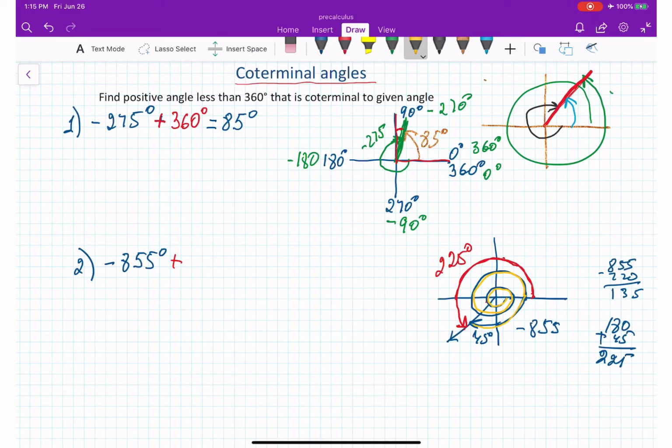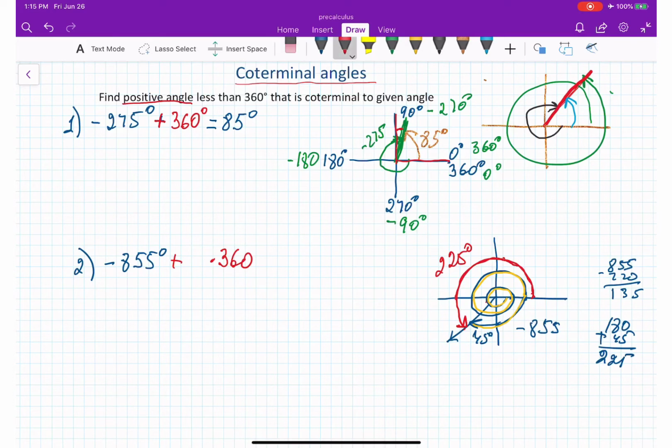So if I add just 360 degrees, it's not going to work because I will end up with another negative angle. And if I add twice 360 degrees, so I'm getting 720 degrees, I will end up with a negative coterminal angle again. And our goal is to find a positive angle. So I'm going to go 3 times.